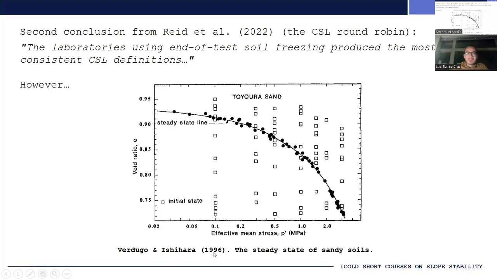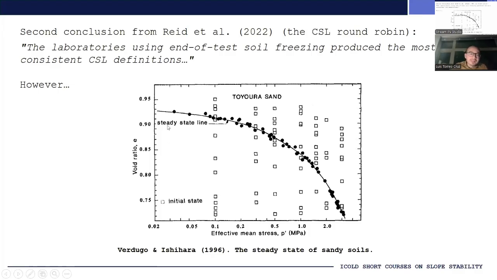which is from a 1996 paper in which the authors used the squeezing method to determine the void ratio. And what I want to bring to your attention is the remarkably well-defined critical state line that they obtained. There is very little scatter here.